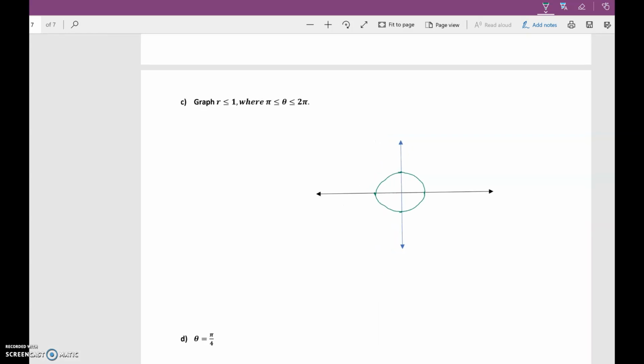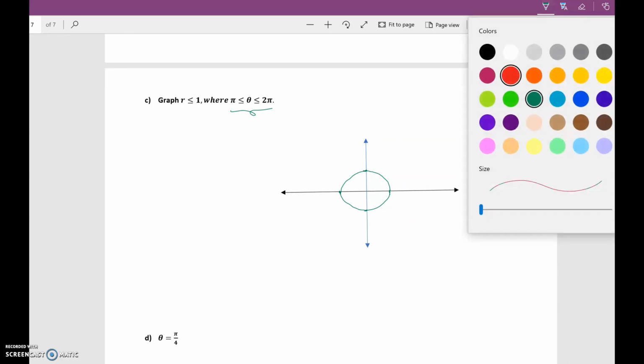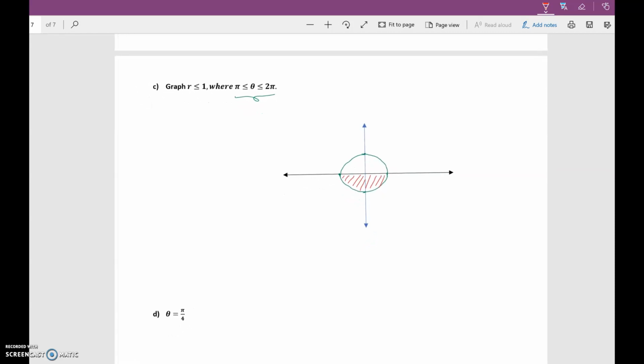They're only interested in the angle being from pi to 2 pi. So it's going to be this lower portion here, quadrants 3 and 4. That's actually it for this one.